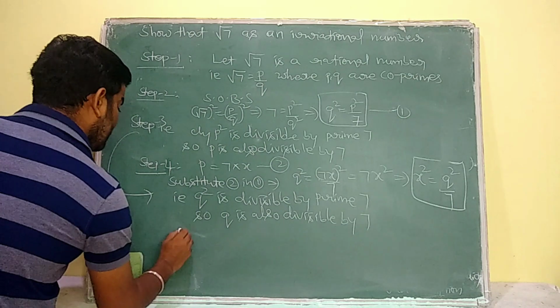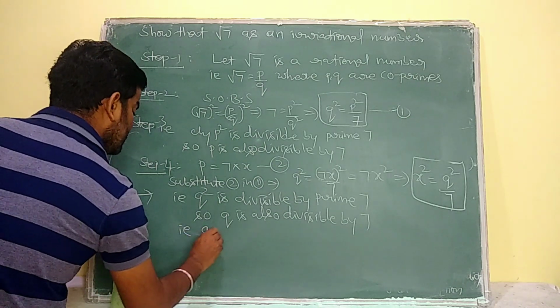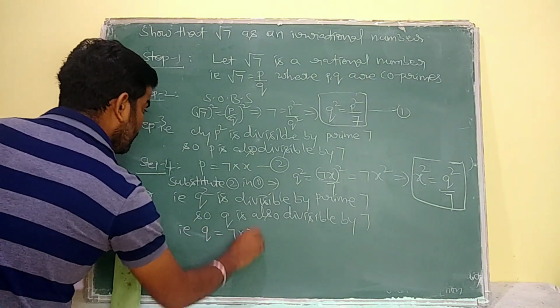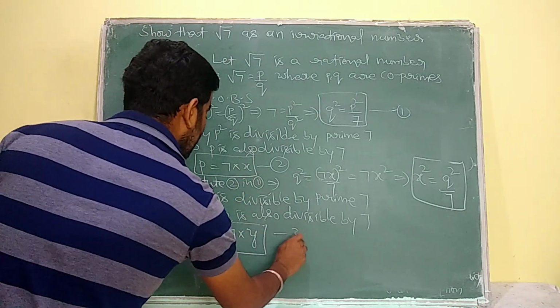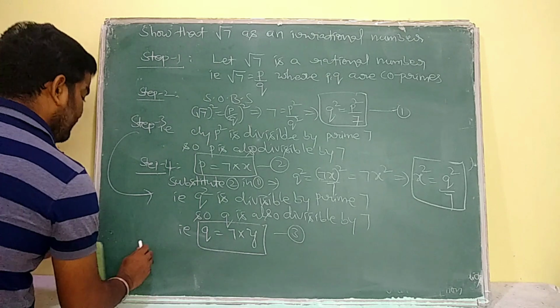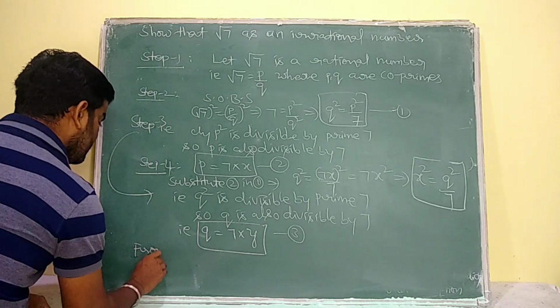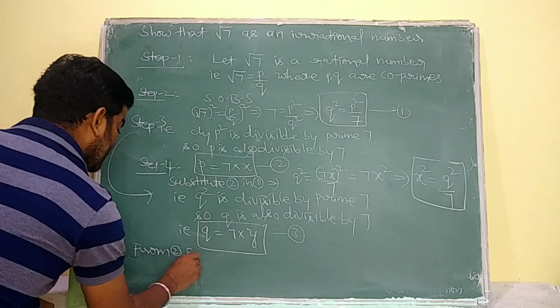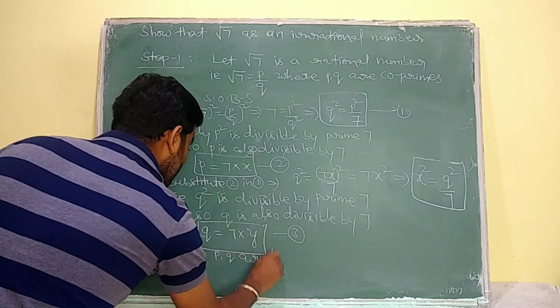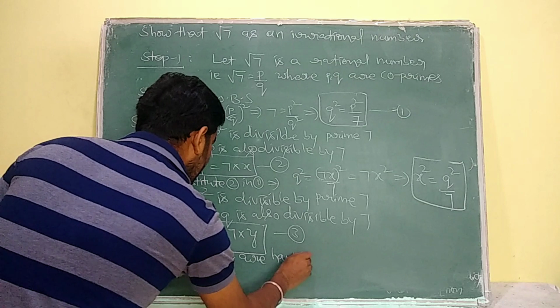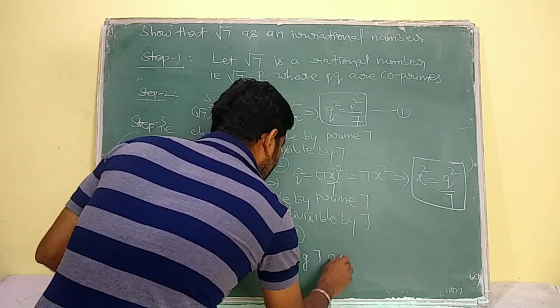That is, q is equal to some 7 into y. So we have to assume this as 3. See, from 2 and 3, p, q are having 7 as a common factor.